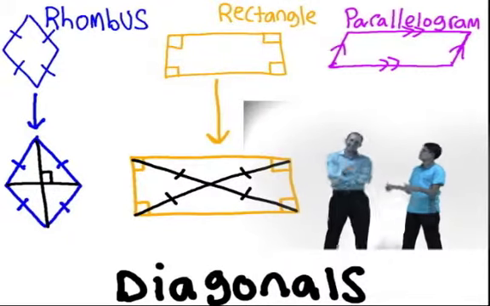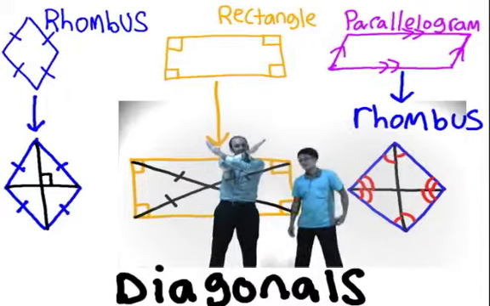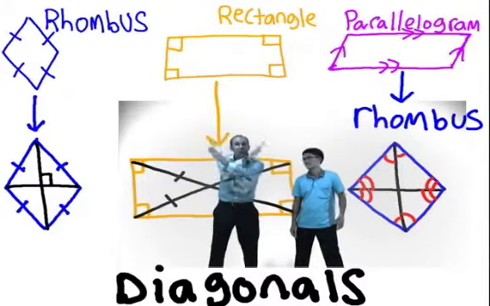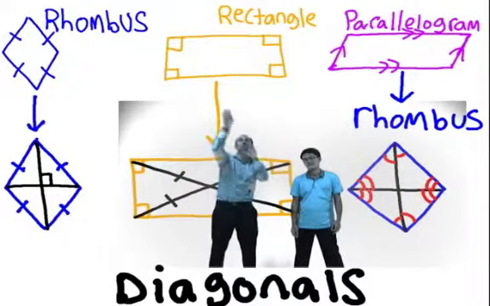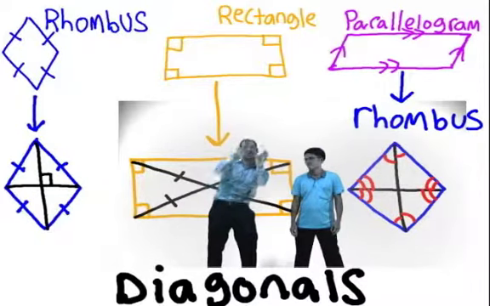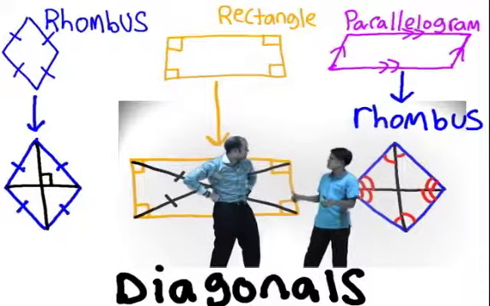Also, if it's a rhombus only, the diagonals of a rhombus are going to bisect the angles. So the two top angles will be congruent to the bottom two angles, and the two side angles will also be congruent.